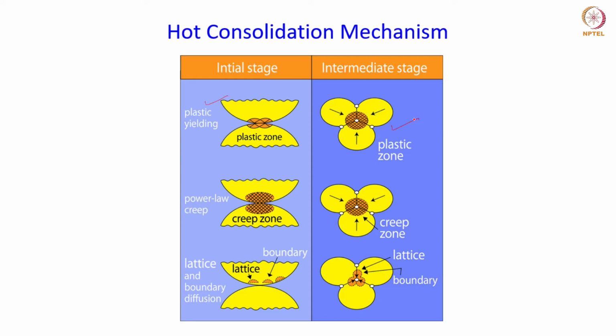When it occurs through the lattice, the creep process is known as Nabarro-Herring creep, and when it occurs through the grain boundaries, it is known as Coble creep, okay? This we have discussed already, right? So depending on the applied stress, it can either densify through the plastic deformation process itself or by a time dependent deformation process, or creep. Okay.